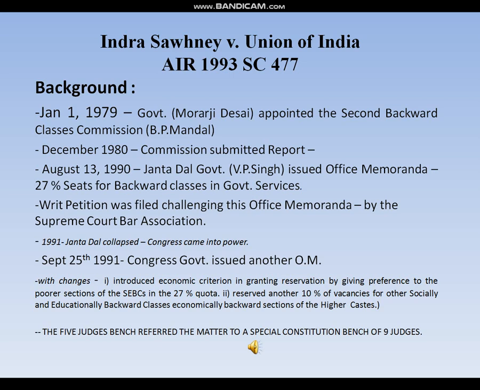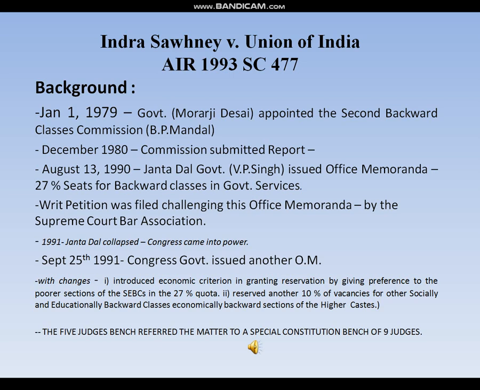The government of India issued an office memorandum, as it wanted to implement the recommendation given by the Mandal Commission. The office memorandum was issued in 1990, which prescribed 27% seats for backward classes in government services.